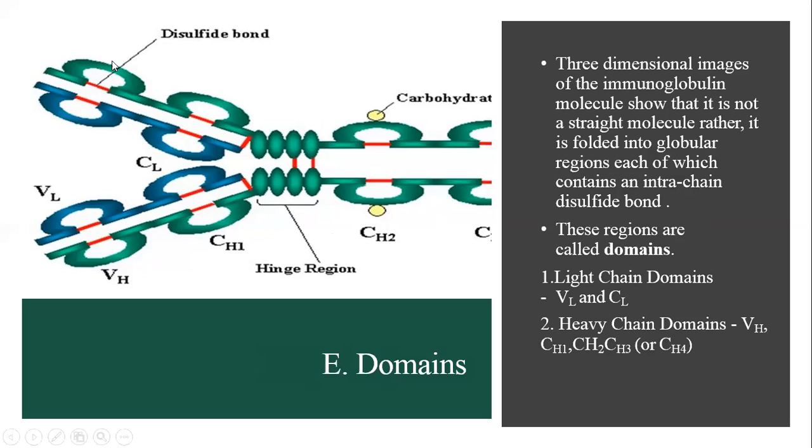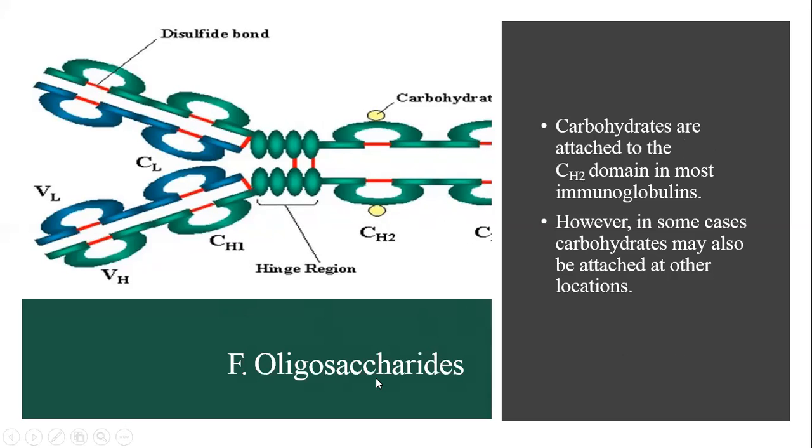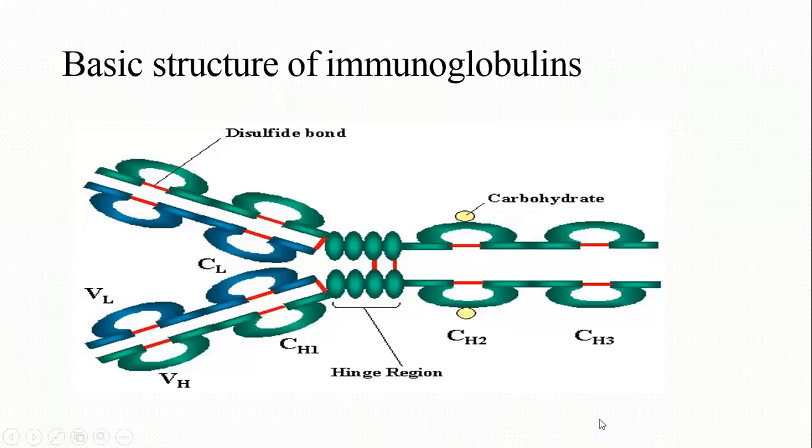Considering this antibody, there are 12 domains, and all the domains are joined together by disulfide bonds. There are also some oligosaccharides present, and due to the presence of these oligosaccharides, immunoglobulins are also known as glycoprotein molecules. So this is the basic structure of immunoglobulin.